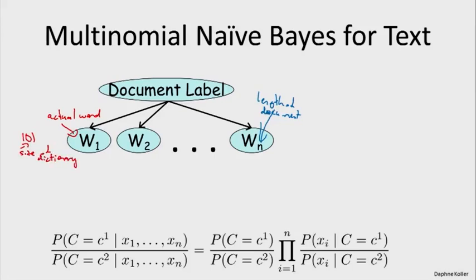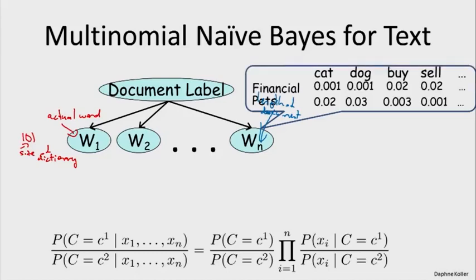Now, this might seem like a very complicated model because the CPD now needs to specify the probability distribution over words in the dictionary for every possible position in the document. So we need to have a probability distribution over the words in position 1, in position 2, and in position n.